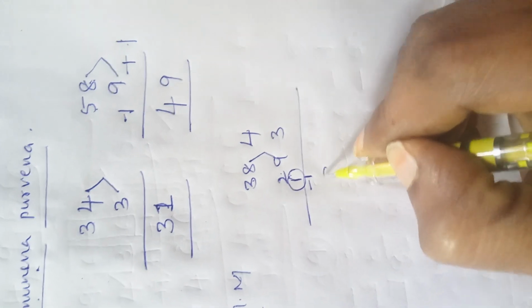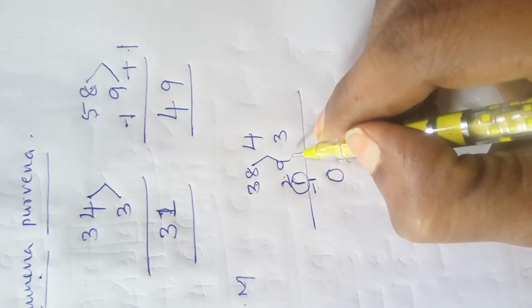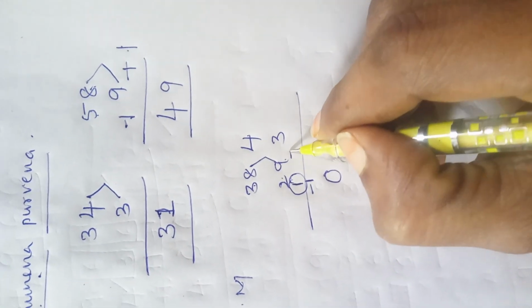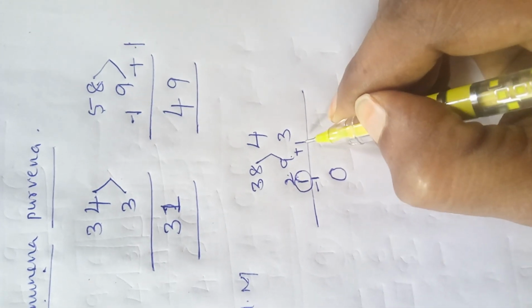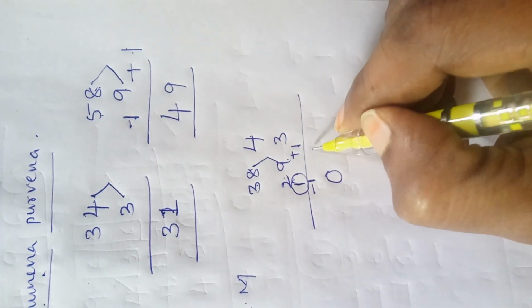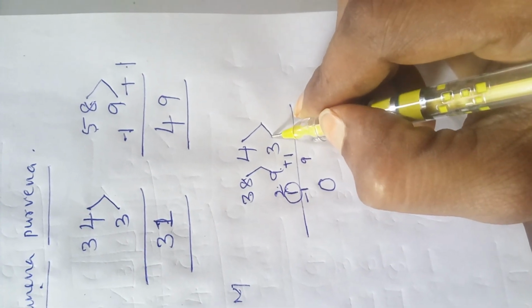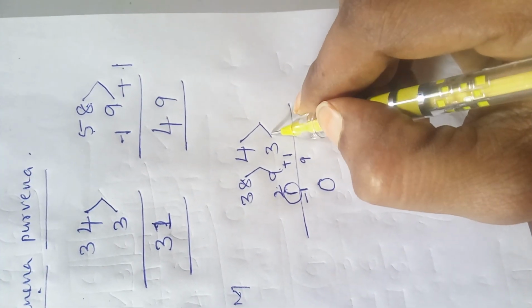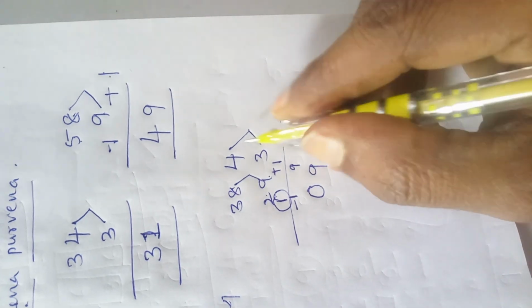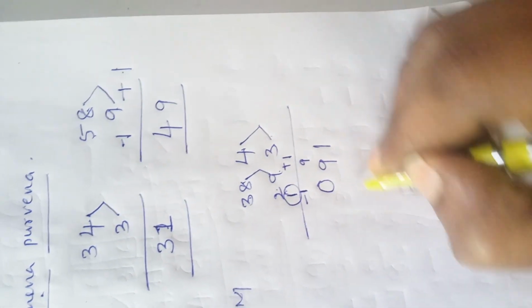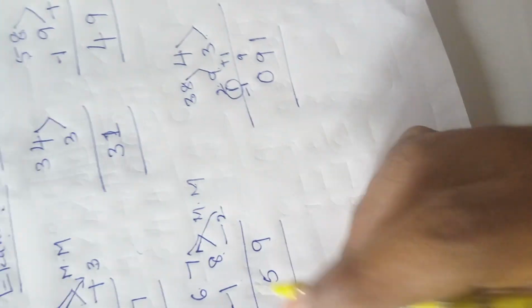What is the answer? That is equal to 0. Look here. What is the complement of 9? That is 1. If you add this 1 to 8, it will become 9. Identify whether this is a match or mismatch case. This is a match case, so you have to write the 9 as it is. 4 minus 3 is 1. This is the answer. Let us do another example.